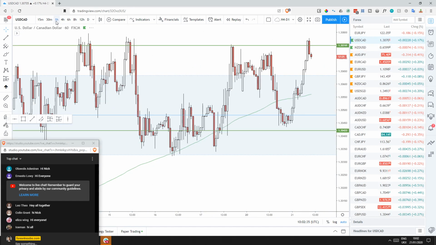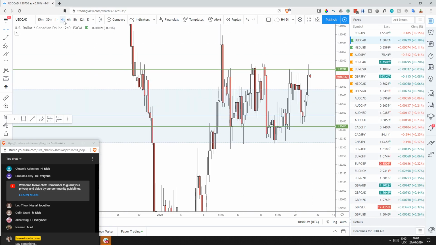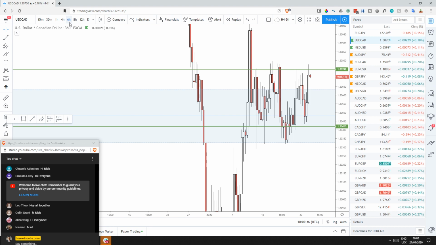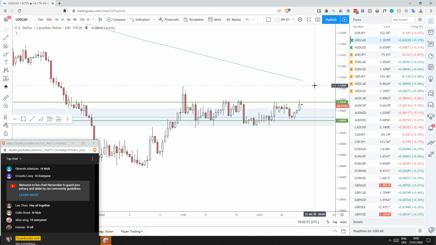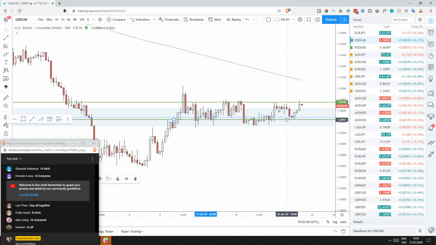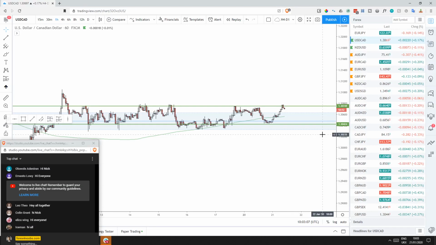USD CAD. Opportunity to go short here on USD CAD.